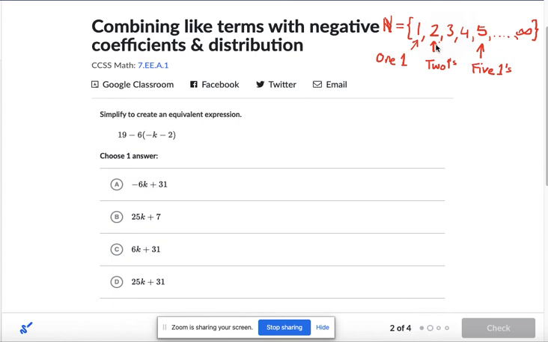But if we see, say, a 3 plus 5x, there's nothing we can do with that. We can't combine these together at all. They have nothing in common. We don't know what x is. Remember that this is like saying 3 ones plus 5 x's.